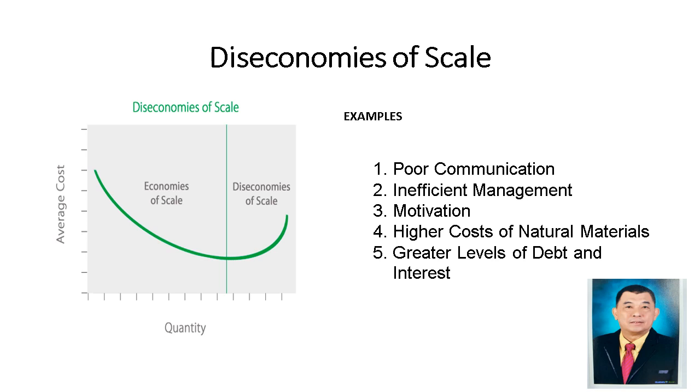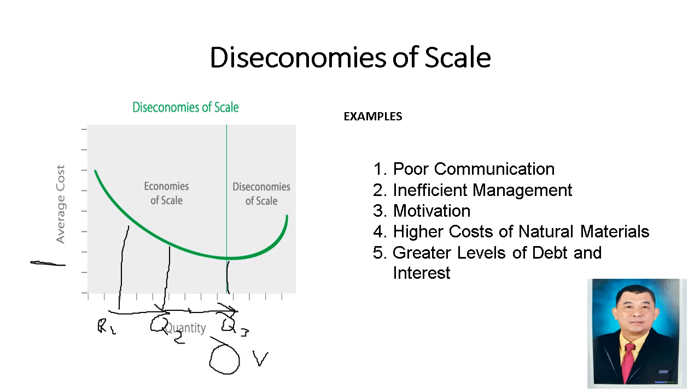In economies of scale, as you increase the volume of your production, let's say Q1, Q2, Q3, that's first quarter, second quarter, and third quarter, and this is quantity or volume, as you increase your production volume, your average cost goes down.